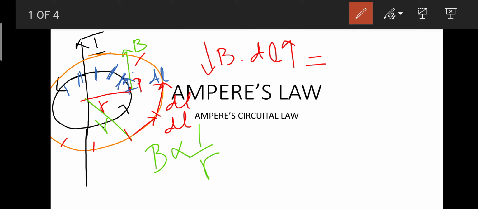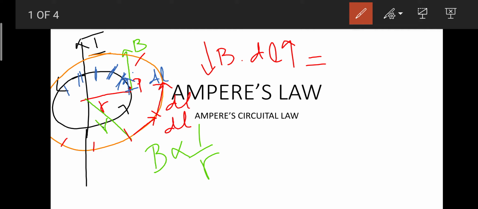Suppose the value of B is 5, and the length element in this case is 10.